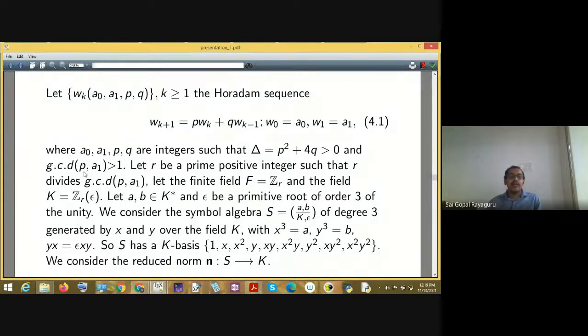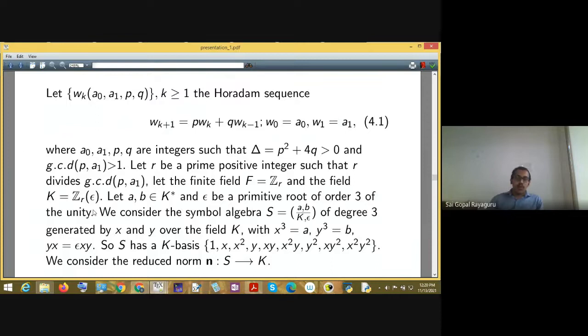If p and a1 have a GCD greater than 1, let r be any prime positive integer such that r divides the GCD of p and a1. Let the finite field F be equal to Z_r, because we have considered r to be prime, so Z_r is a finite field. Over this finite field, if we extend further, let K be equal to Z_r(epsilon), and let a, b belong to K star, the non-zero elements of K, and epsilon be a primitive root of order 3.